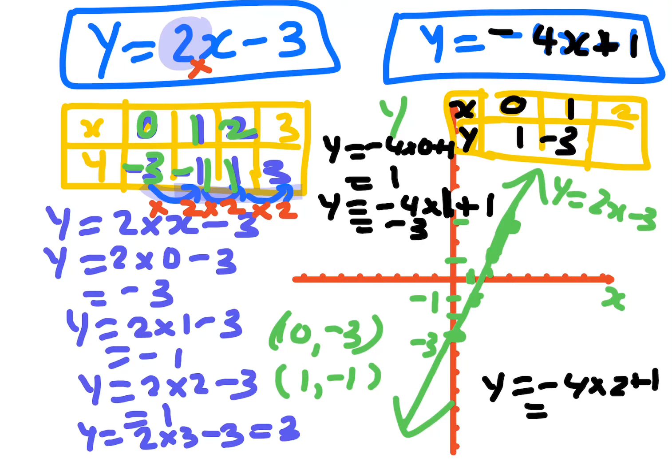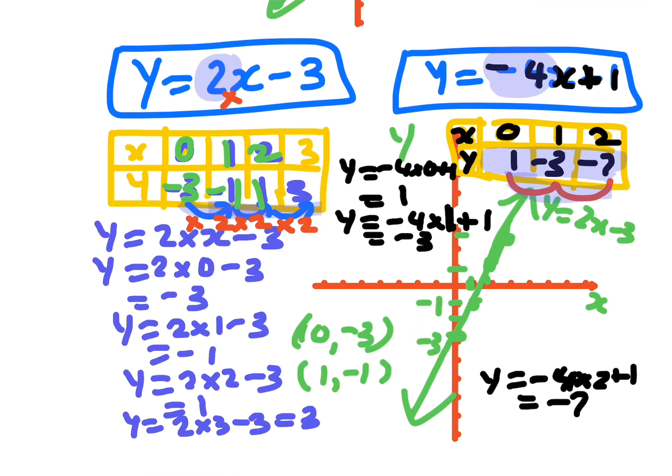When you put the 2 in, it's minus 4 times 2, which is minus 8, plus 1, which is minus 7. Now, what you'll notice here is that it goes 1 to minus 3 and then to minus 7. If you look at the number in front of the x, it's minus 4. Do you notice that these y values are going down by 4?